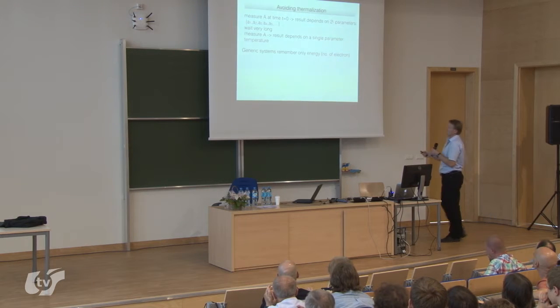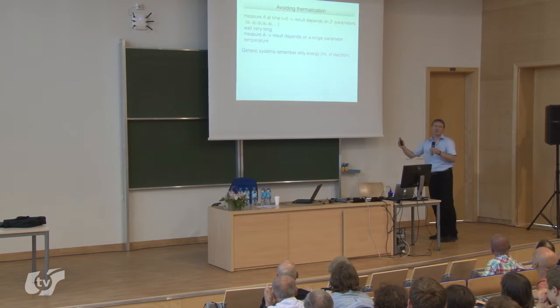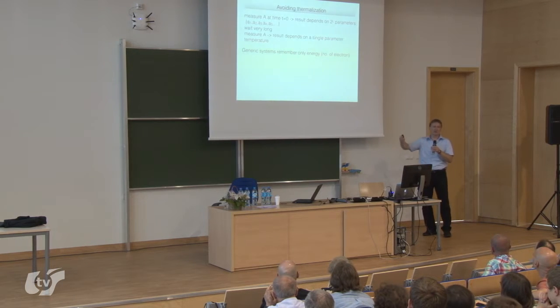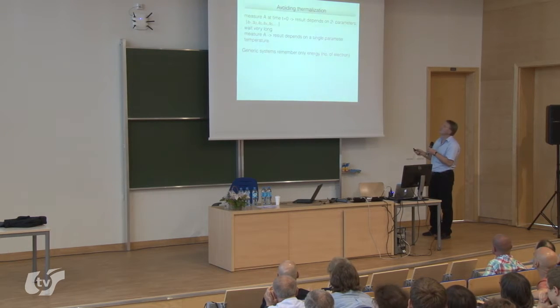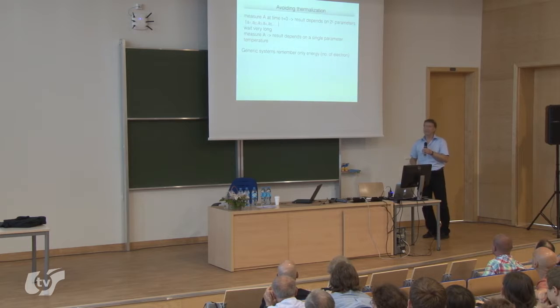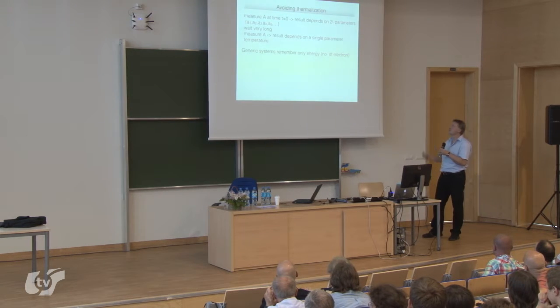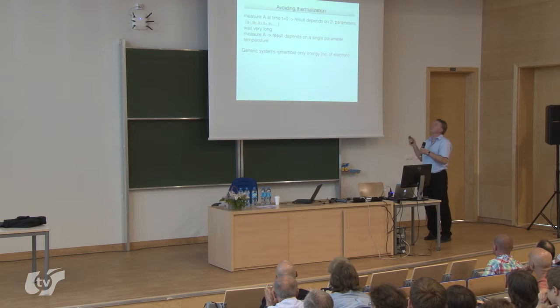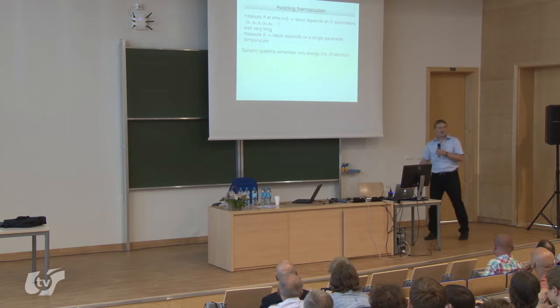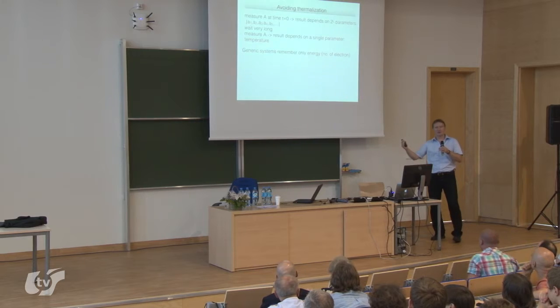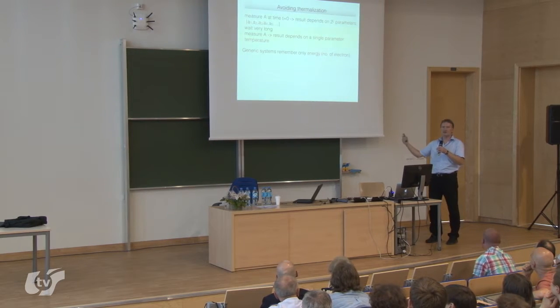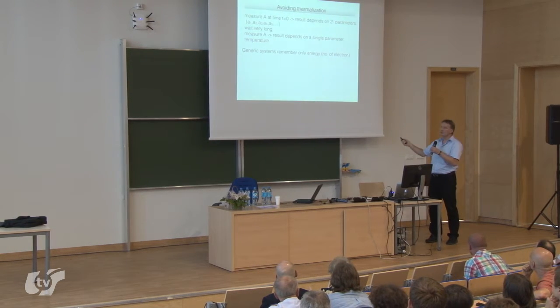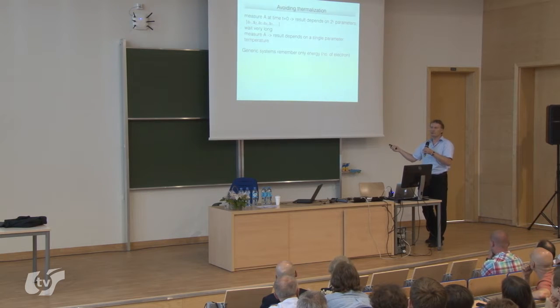Maybe it's not obvious, but most generic systems, the systems in our surroundings, remember only a single quantity, usually energy. Maybe 2 quantities, like energy and number of electrons, maybe 3, but not more. It means that if we have 5 qubits, they remember 3 quantities. If we go to a million qubits, we would still remember only 3 quantities.